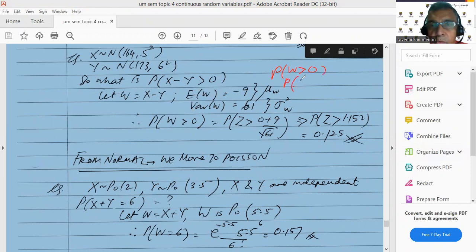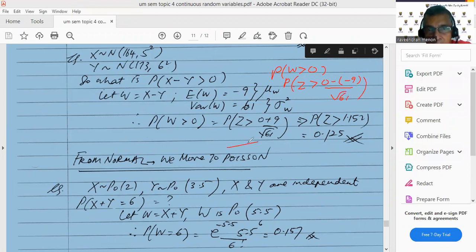So change your W to Z. You can write Z bigger than 0 minus the mean of W, which is minus 9, over the standard deviation of W, the square root of 61.